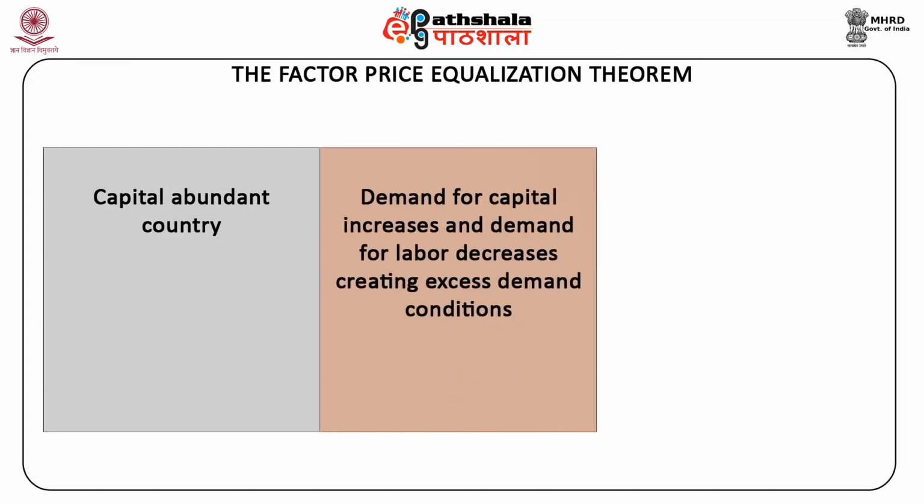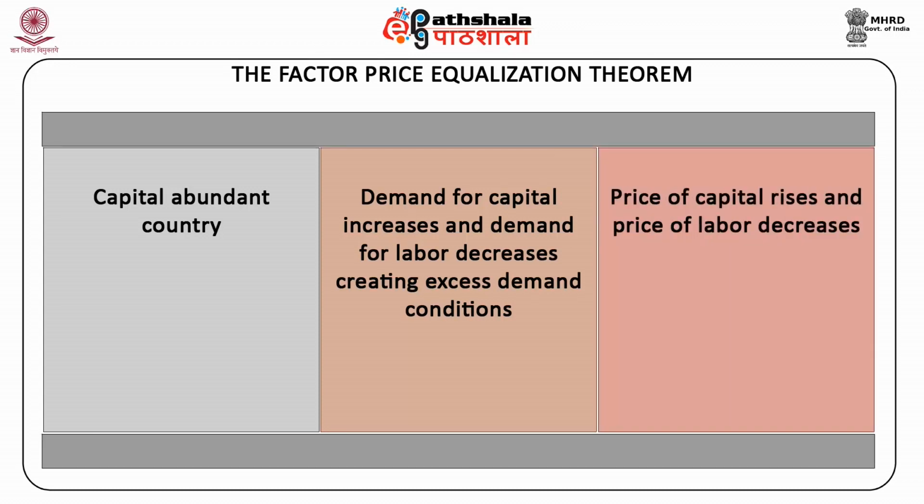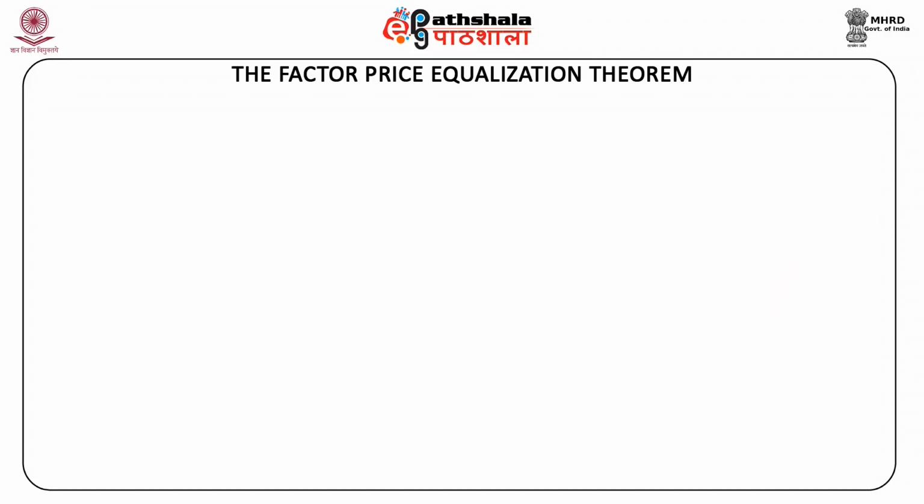The demand for capital will increase and that of labor will decrease, creating excess demand conditions for capital and excess supply conditions for labor in nation 2. So, trade will cause the price of capital to increase in a capital abundant country and cause the price of labor to decrease. Let us summarize the factor price equalization theorem.